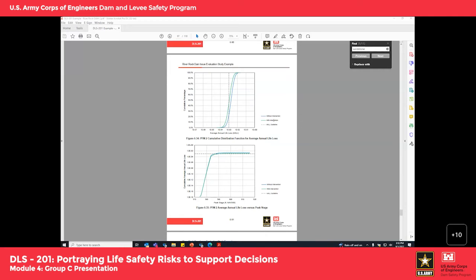I'm asking you, looking at this plot, where is the majority of the risk coming from? So for example, if you draw a straight line down around pool elevation 596 or so, the curve flattens. It's a straight line for all pools above 596.